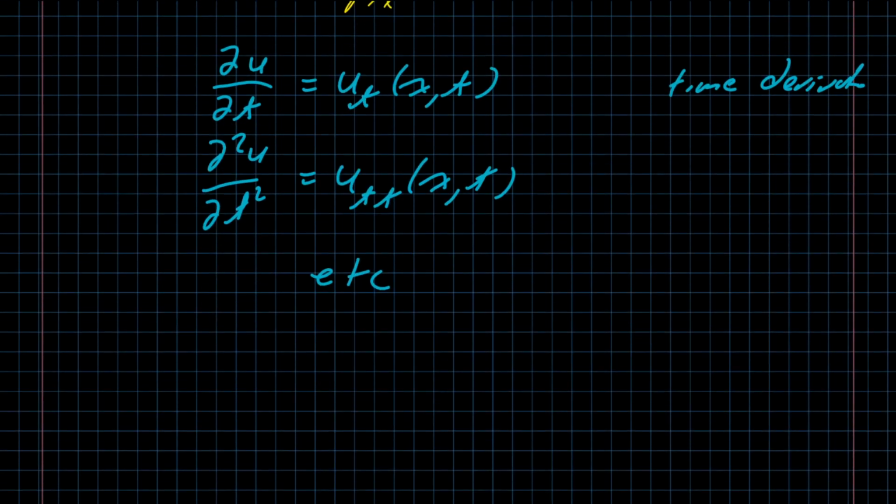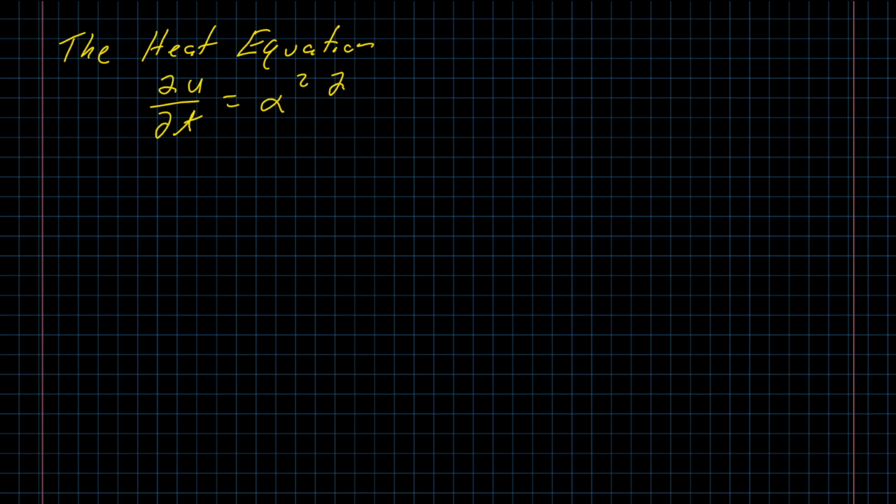Most of that theory comes down to trying to model a differential equation in one of the three canonical forms. We have the heat equation, which is written canonically as the partial of u with respect to t is equal to some constant that we usually write as alpha squared times the second partial of u with respect to x.